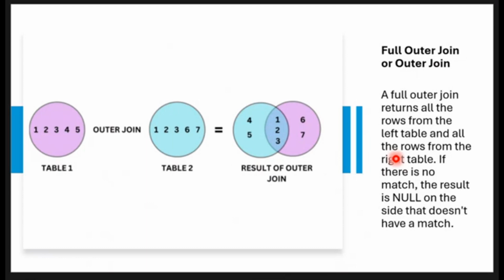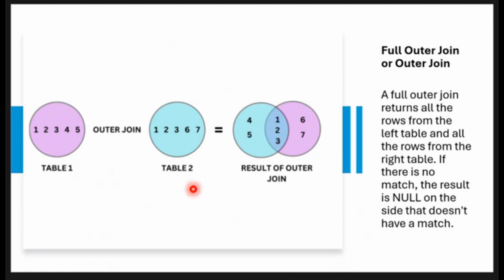Next, we have the full outer join, or simply called outer join. This full outer join syntax is in PostgreSQL, and we'll definitely study the syntax. But if you're working in MySQL Workbench, you can use union to get everything. Let's first understand through the example of this Venn diagram. We have table 1, which is 1, 2, 3, 4, 5. When we do an outer join, that means we are doing a full join with this table.